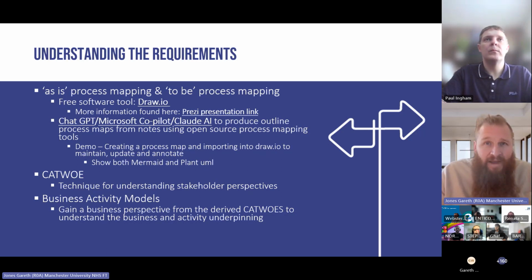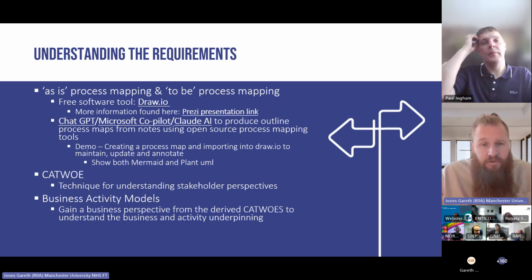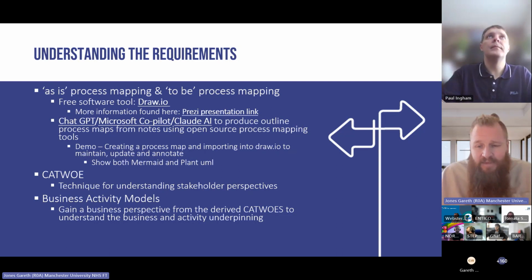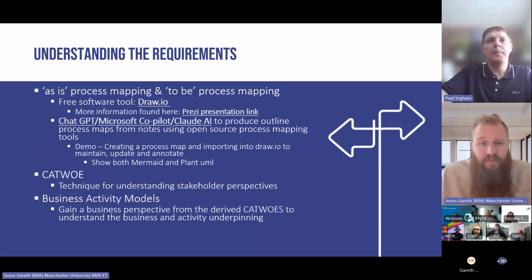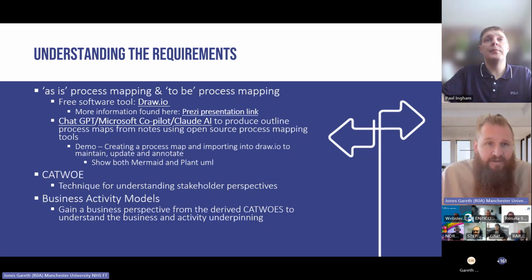Understanding why there's a requirement for an improvement to your processes is absolutely key to making sure that whatever software you use is actually achieving an improvement on where you are right now.